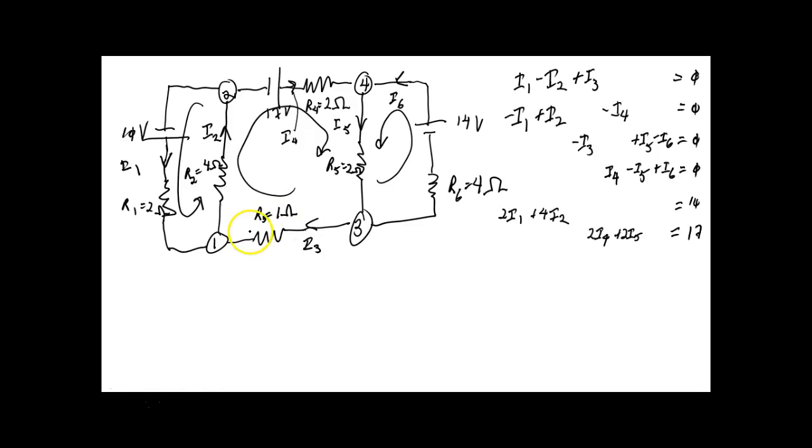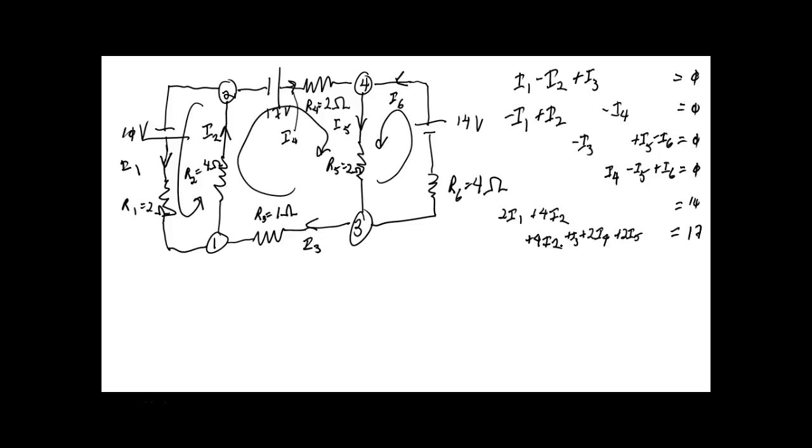And the next one we hit is I3 just by itself, plus I3. Okay. And then we have one more, 4I2. Okay. And that's equal to our 17. Those are our voltage drops, 1 voltage increase in that loop.